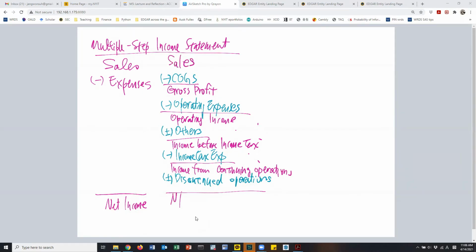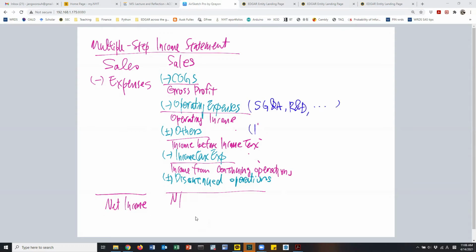Okay, so the typical examples of operating expense include selling, general, and administrative expense, or R&D, research and development expense, and the like.